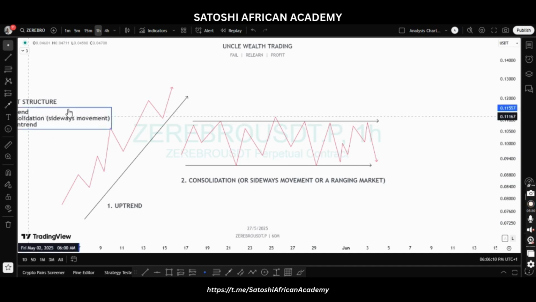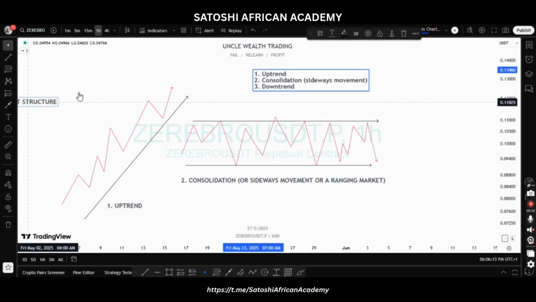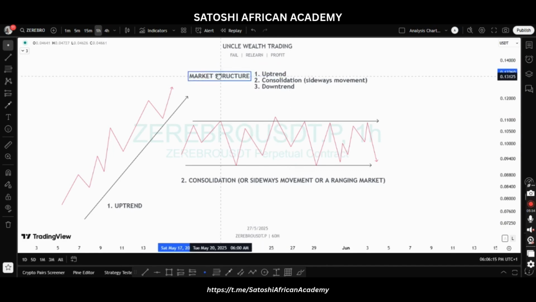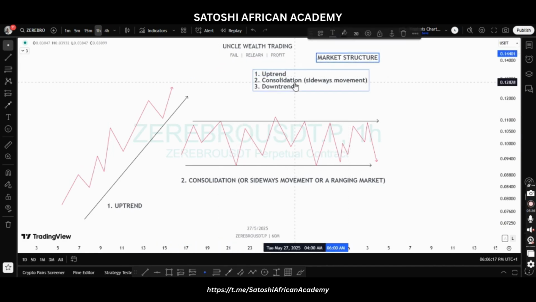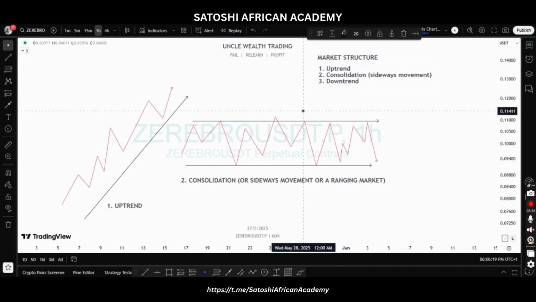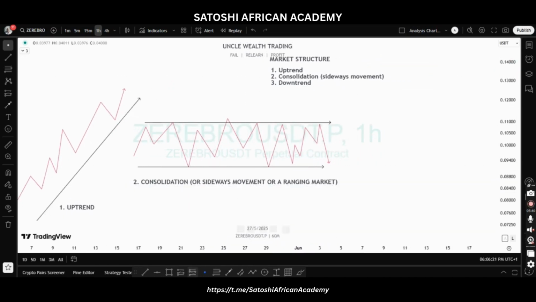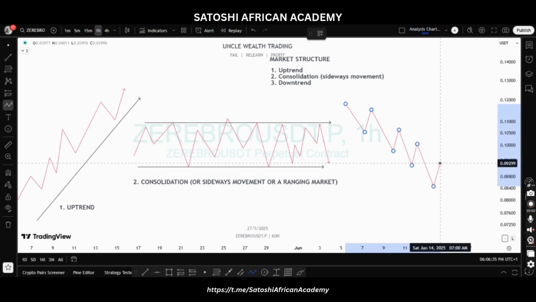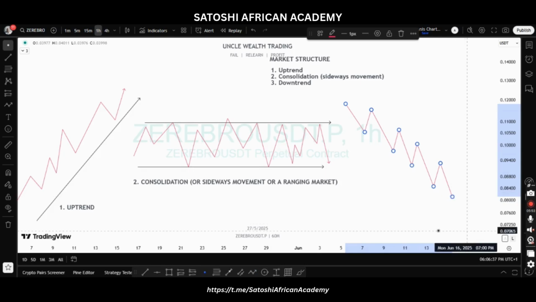Now, the third on our list is the downtrend. In the downtrend, the market will do the opposite of an uptrend. It's moving an impulse, a pullback, an impulse, a pullback, an impulse.